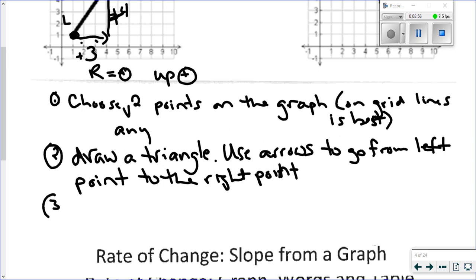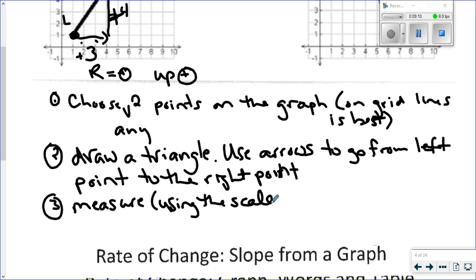Now, what you just watched me do, counting it, is measure the lengths using the scale. The rise, delta y, and run.